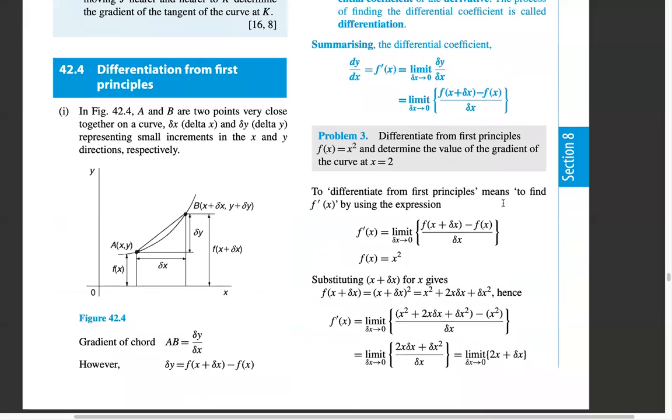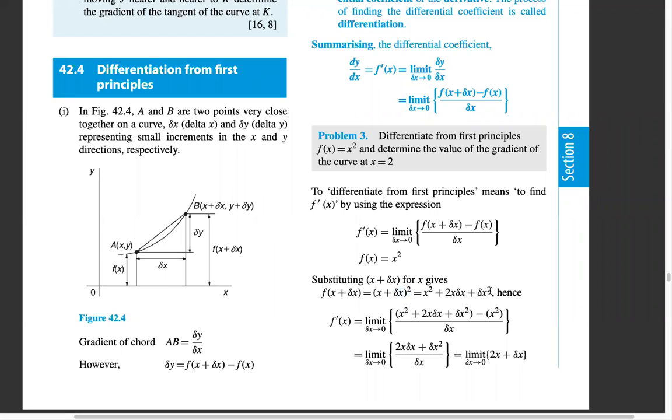So they show you here differentiation from first principles with f of x equals x squared. You have to find the limit of this fraction here. So f of x plus delta x is x plus delta x all squared, because f of x is x squared. So for any x value you substitute in, you just square it to find the y value.